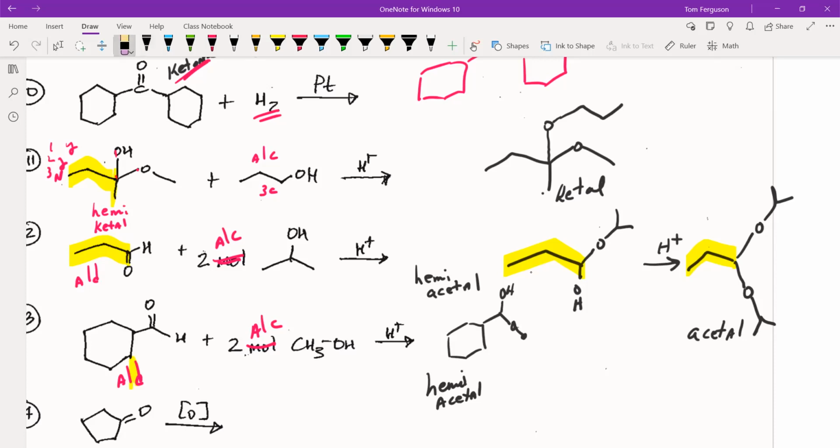Continuing on with this methanol again. Oh, and then let's see this. This is the original backbone.